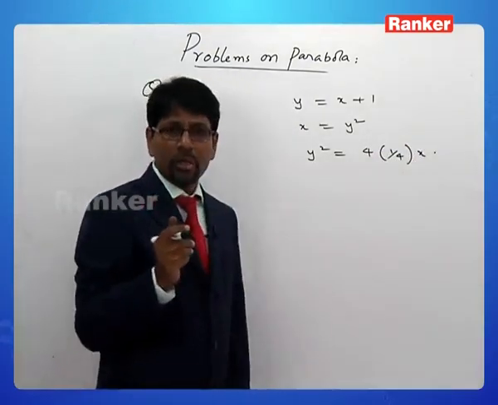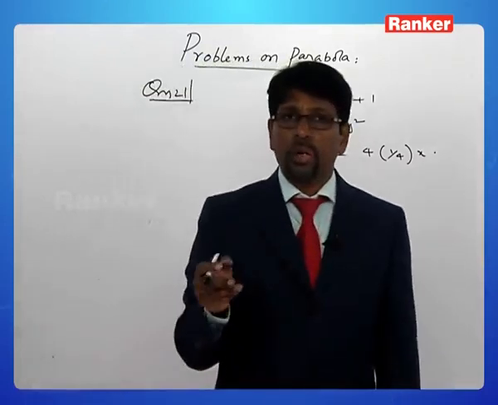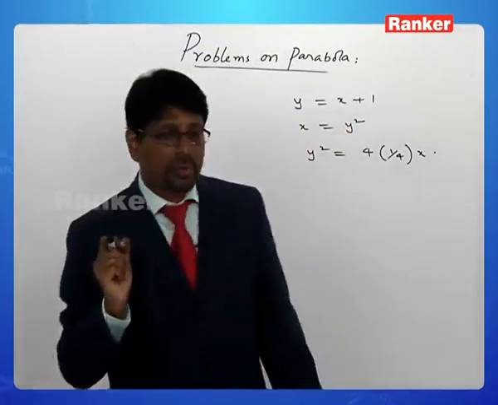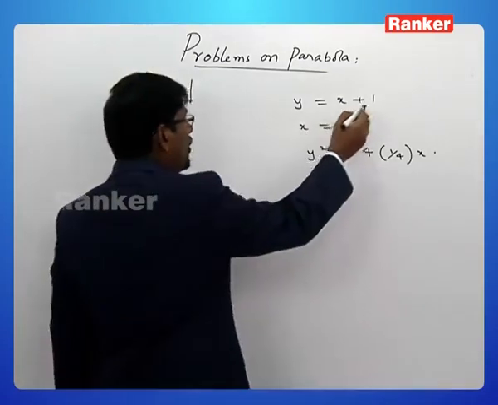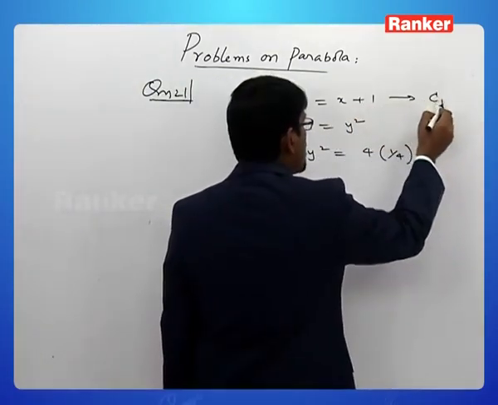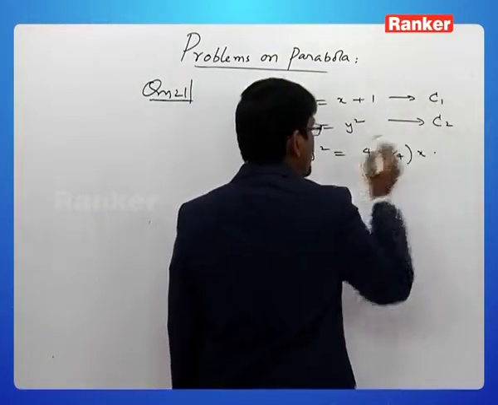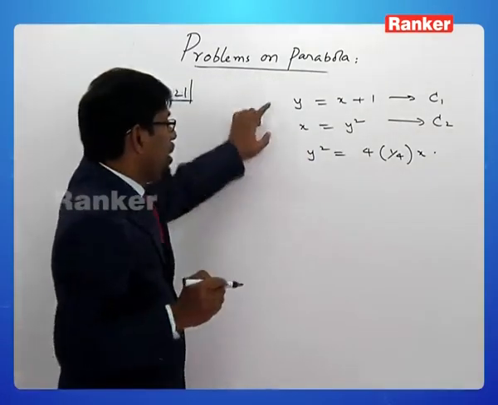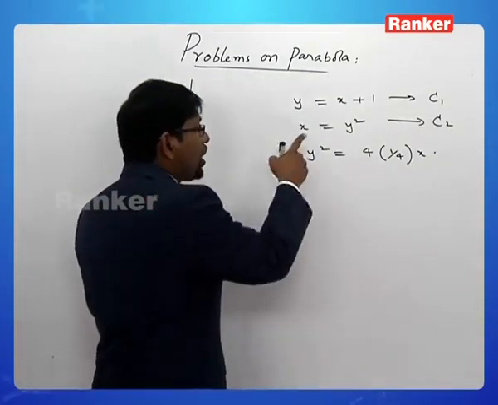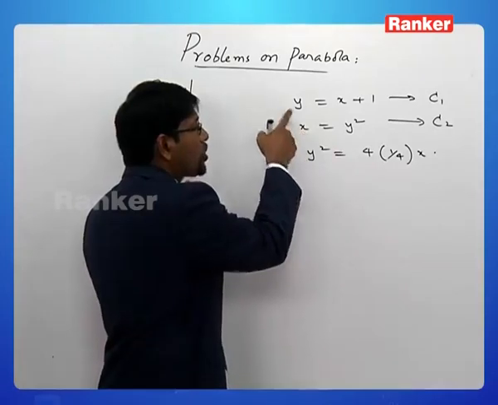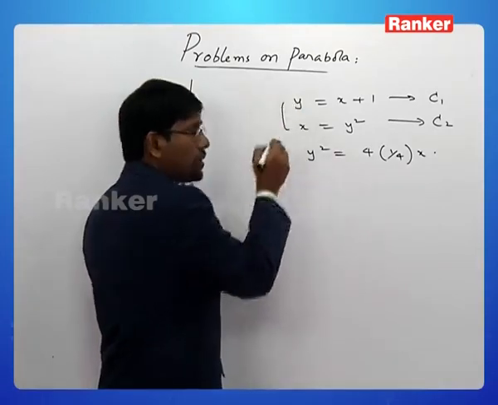A common normal between two curves will be the line of shortest distance. So here I can treat this as one curve C1, another curve C2. Now what we do is we draw a normal to both these curves.